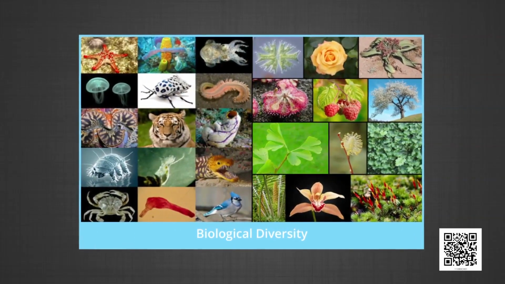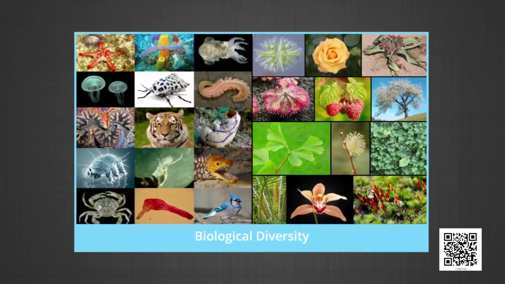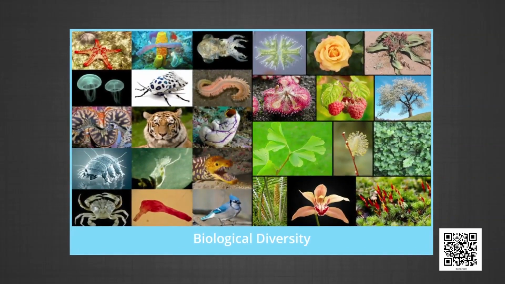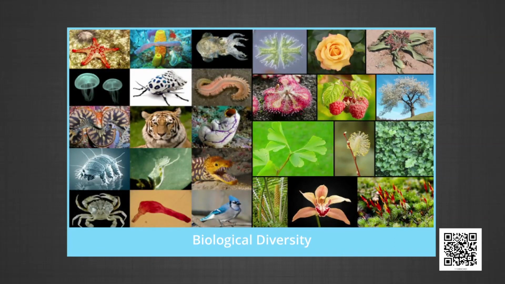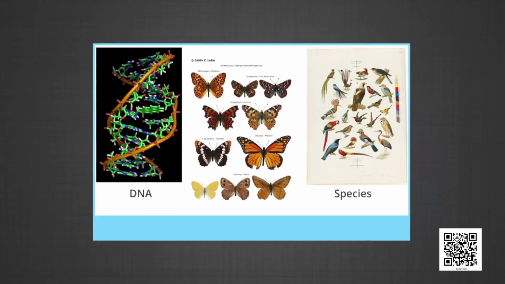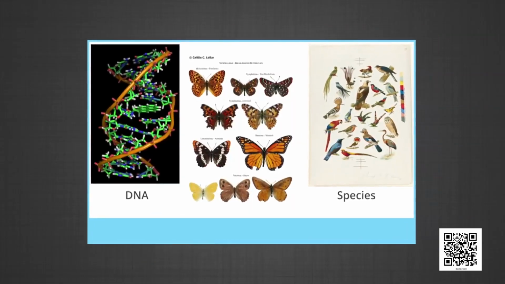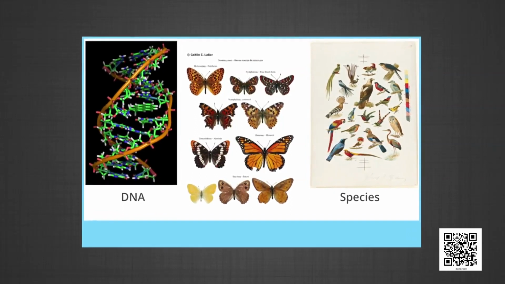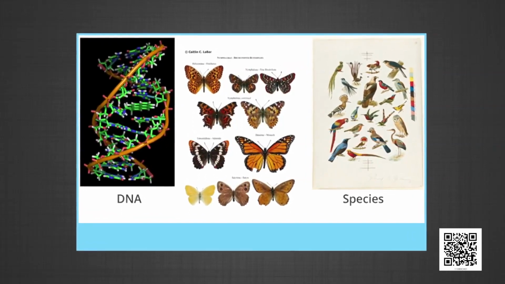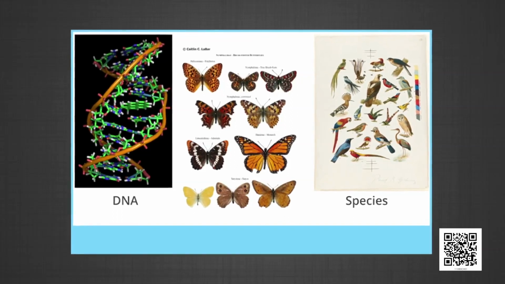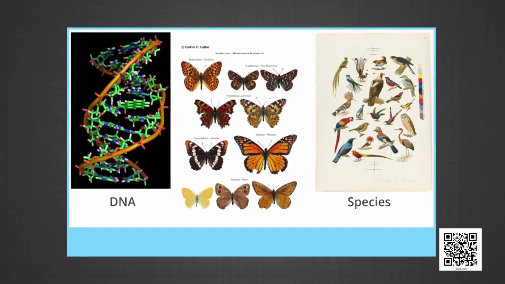It is the variety within and between all species of plants, animals, and microorganisms, and the ecosystems within which they live and interact. However, biodiversity is a huge concept which can be approached at any level, from the chemistry of DNA to variations within one species to the classification of species themselves.